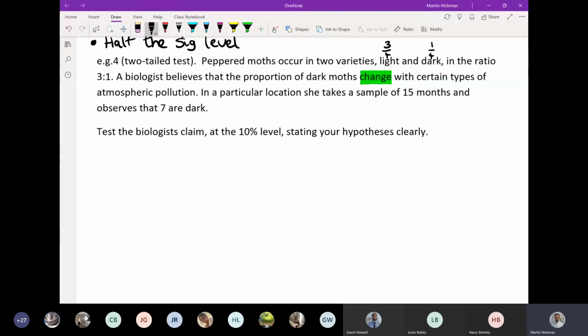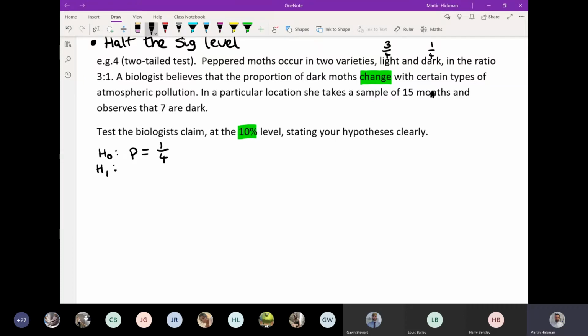with certain types of atmospheric pollution. In a particular location, she takes a sample of 15 moths and observes that 7 are dark. So we're going to test the claim at the 10% significance level, and of course we state our hypotheses. So our null hypothesis is the probability that you find a dark peppered moth is 1/4.